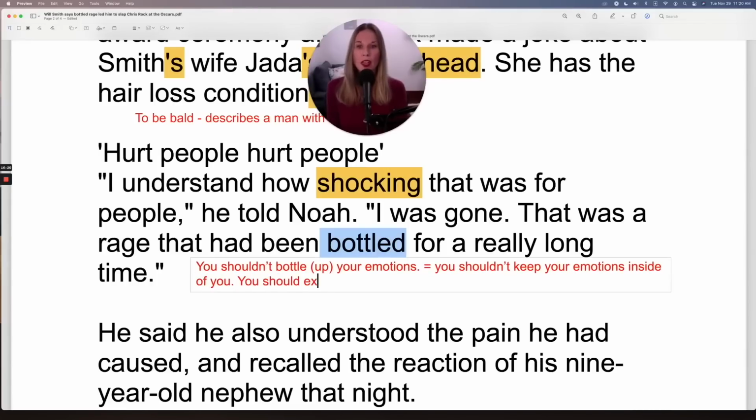You should express them. So to express your emotion is when you might say to someone, hey, you hurt my feelings today, or I felt really sad today, instead of just keeping it inside of you and not expressing it, bottling it up inside of you.